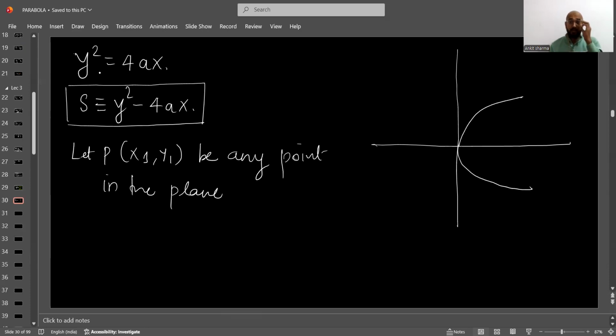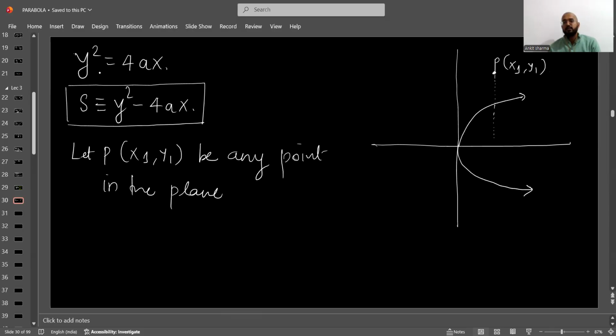Since we're talking about the parabola, of course this is my xy plane. Now P is any point, say my P is here outside. This is my point x1 comma y1. Now I want to find out the location of this point, whether P is outside or inside. For developing the theory, I'll just drop a perpendicular like this.